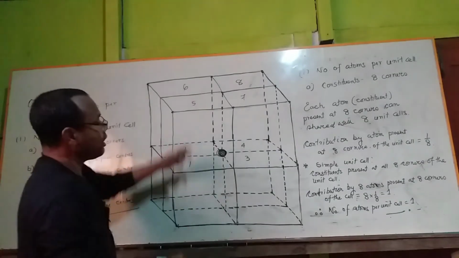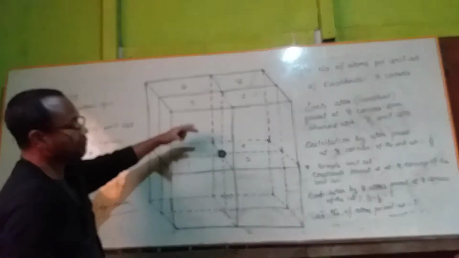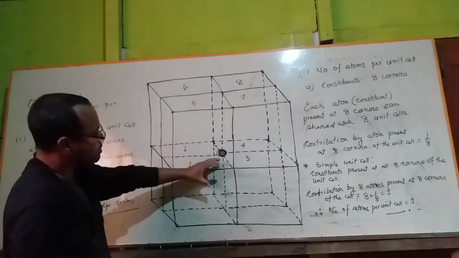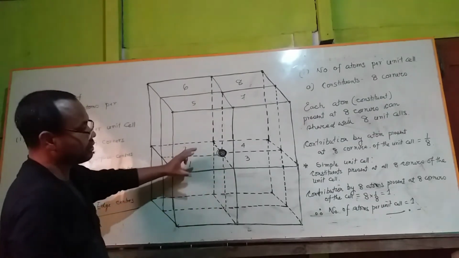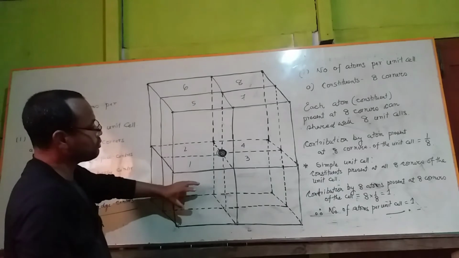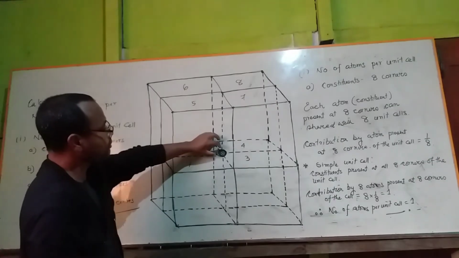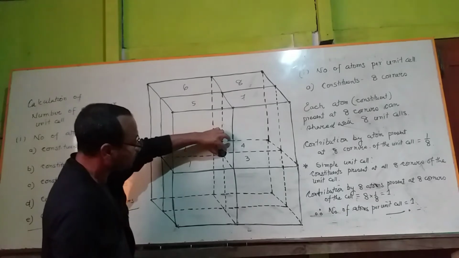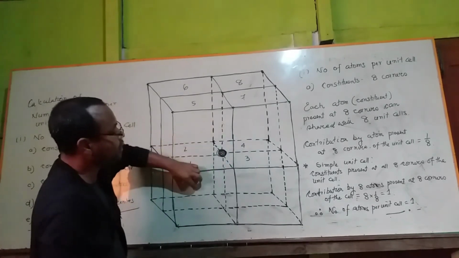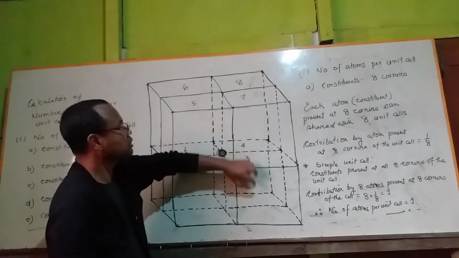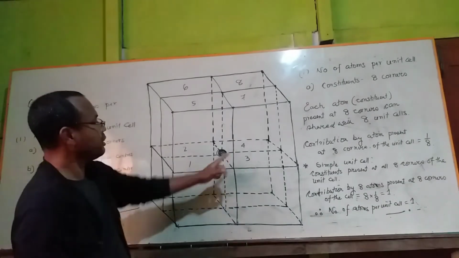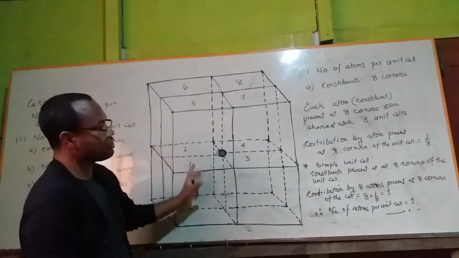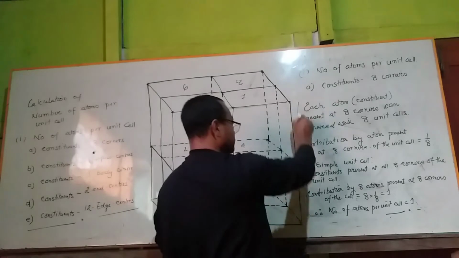In our crystal, when we construct it, this is the smallest portion of our crystal. Constituents can be present at the corner. When the constituents are present at one of the corners, how many unit cells can share it? I show you, 8 unit cells can share it. That's what I have written here.